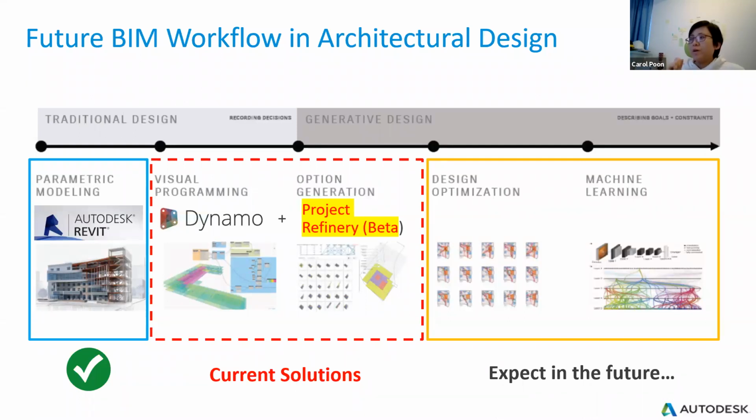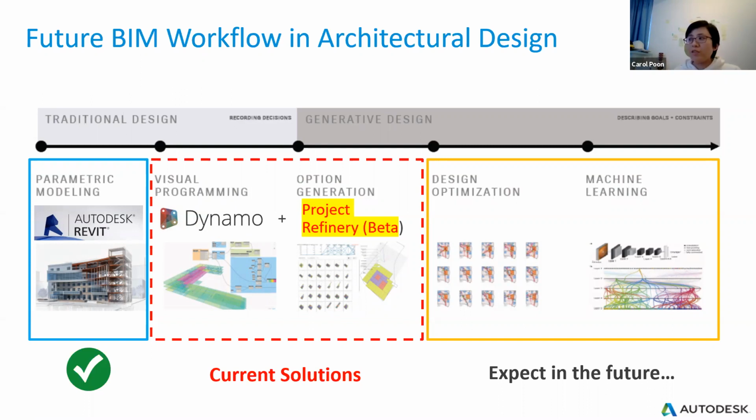And actually, we think that only having the Revit model, the 3D BIM model, is not enough. So we have developed a visual programming tool like Dynamo to help us quickly explore the model with different types of formula or maths.